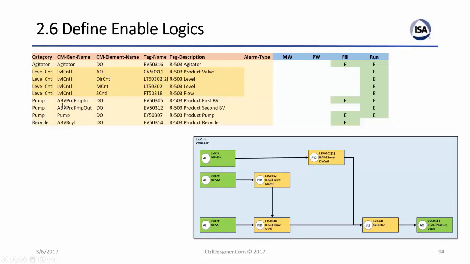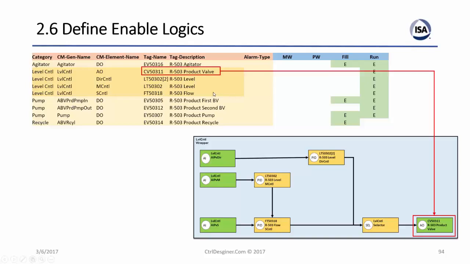Then this pump in, the suction should be enabled in fill, and because we are recycling it, enabled in run. Therefore, by putting these simplistically, as we discussed before, we say these are enabled at what step.